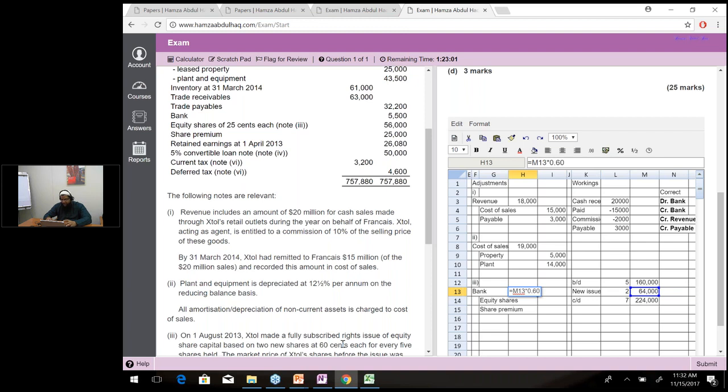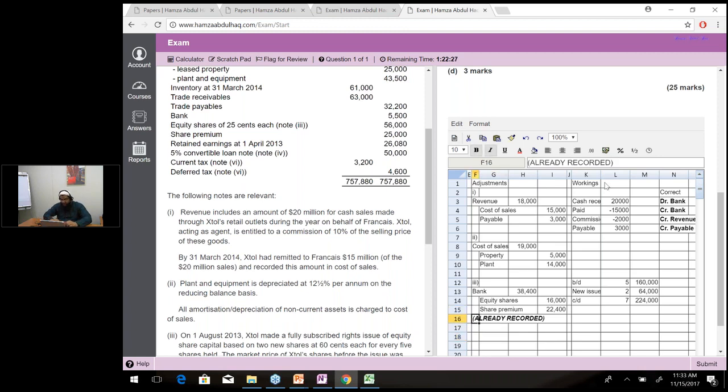So into 0.60 is going to be the amount of cash, and the share capital will be recorded at its par value of 0.25, and the balancing figure is going to be the share premium. But you have to remember one thing, that this is an entry which has been already recorded in the question. Then why are we recording this? If it is already recorded, then why are we making a double entry?